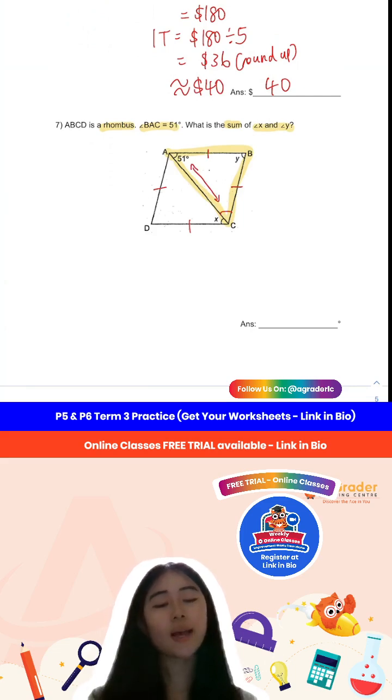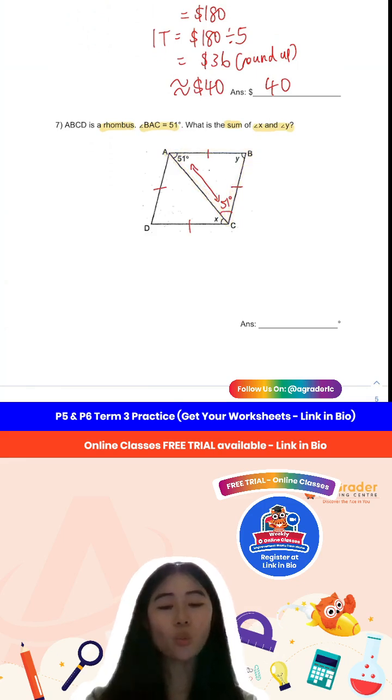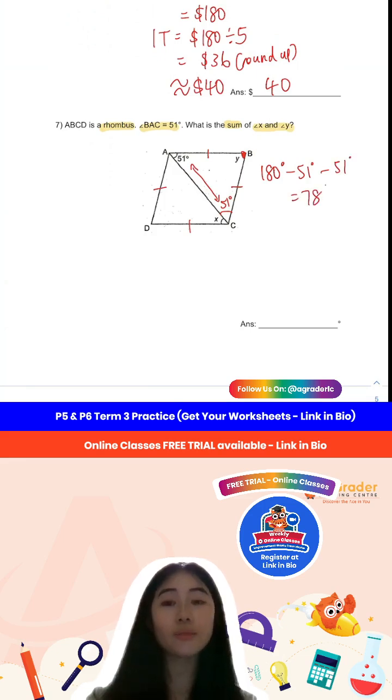So that means that angle ACB is 51 degrees as well, since this is an isosceles triangle. So based on this, you can now find out what angle Y is. You are going to use 180 minus 51 minus 51. You get 78 degrees, which is angle Y.